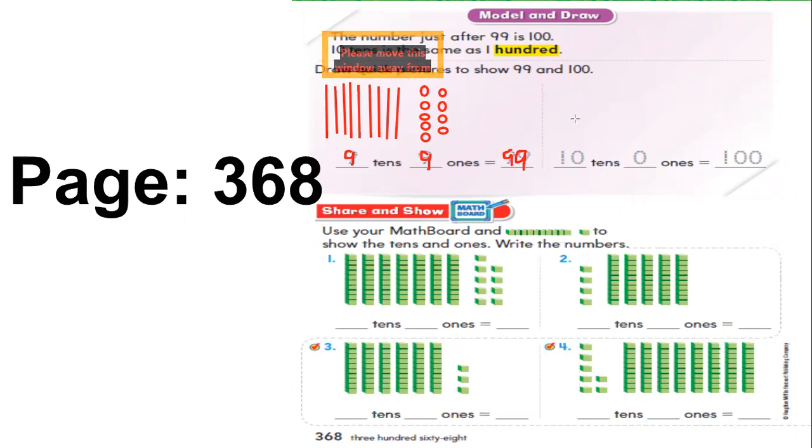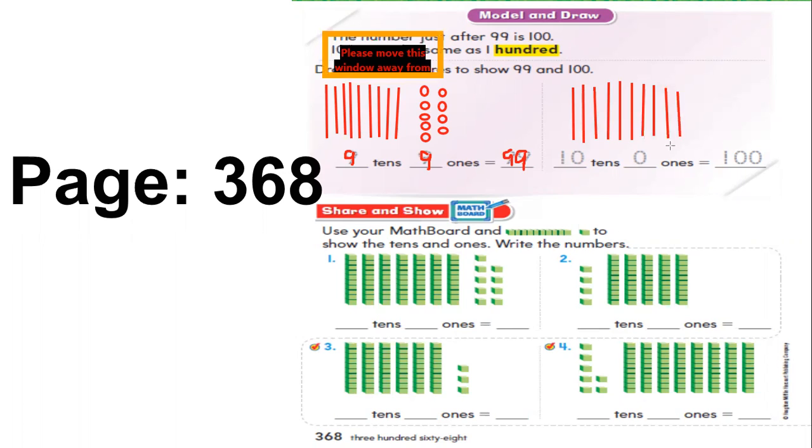So here I'm going to make 10 standing lines. Because it is 10, so 1, 2, 3, 4, 5, 6, 7, 8, 9, 10.